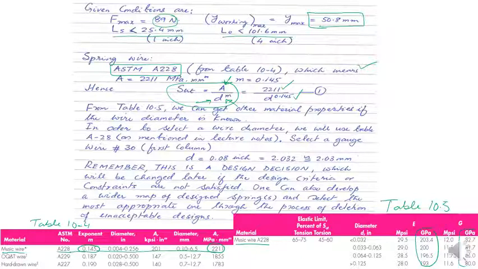So I will pick from here, but it depends on what? It depends on the wire diameter. So in other words, I need to select a wire diameter, and that's the prime variable.